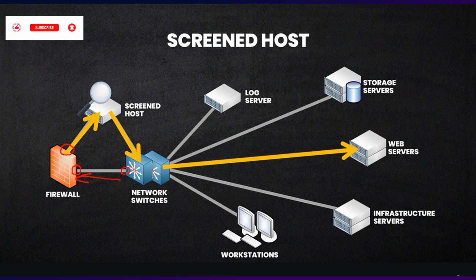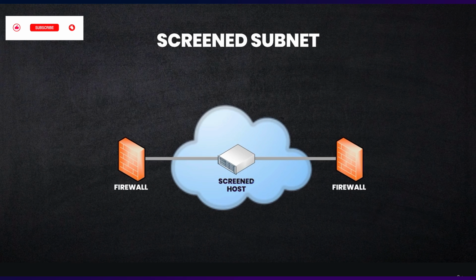Now, along the lines of screened host, we can also deploy what's called screened subnet, where we have two firewalls in a row. So instead of putting the screened host behind the boundary, we put it into its own area. It's called a demilitarized zone. So now when the traffic comes in, it will have to meet the firewall policy in order to get into this DMZ.